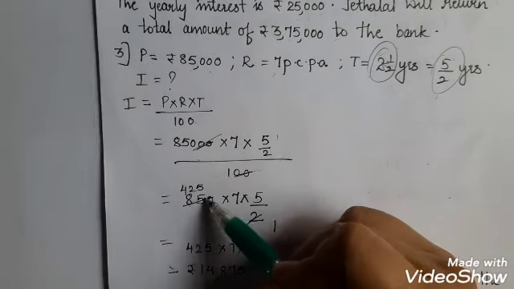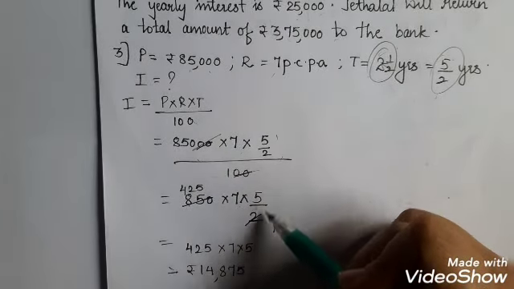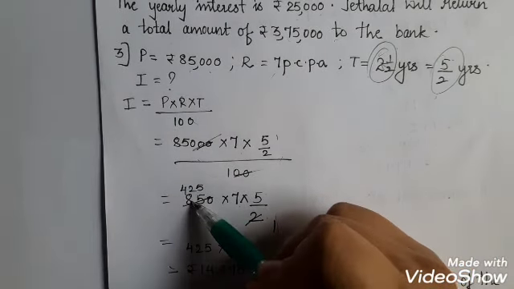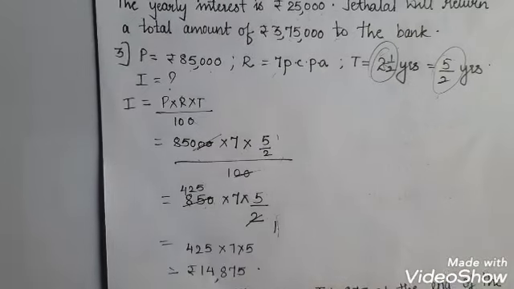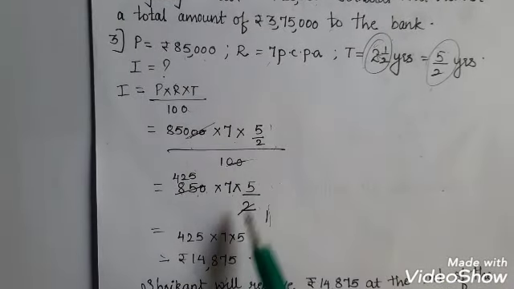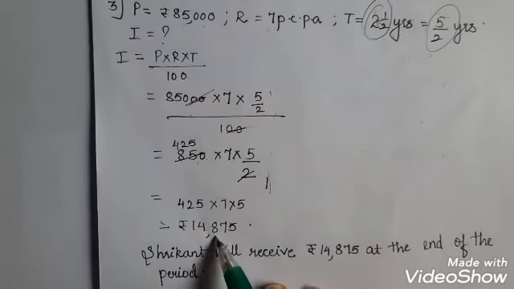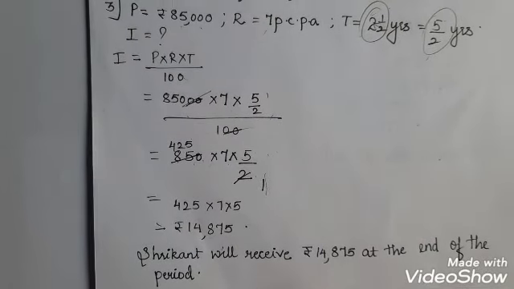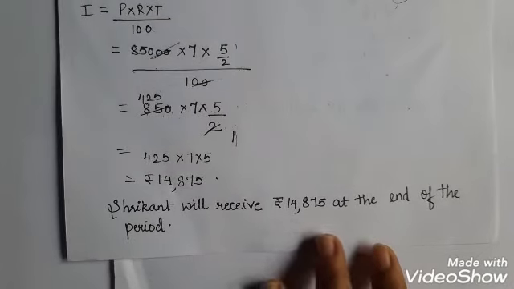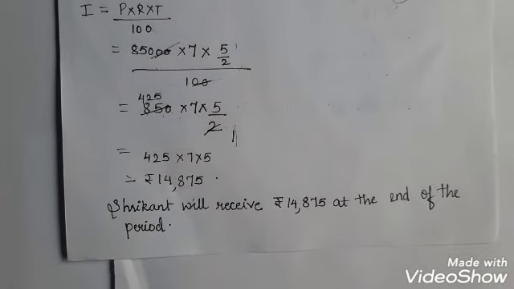So that is 850 multiplied by 7 multiplied by 5 upon 2. 2 ones are 2, 2 4s are 8, 2 2s are 4, 2 5s are 10. So you multiply 425 into 7 into 5, you get the answer as 14,875 rupees. So Shrikant will receive rupees 14,875 as interest at the end of the period.